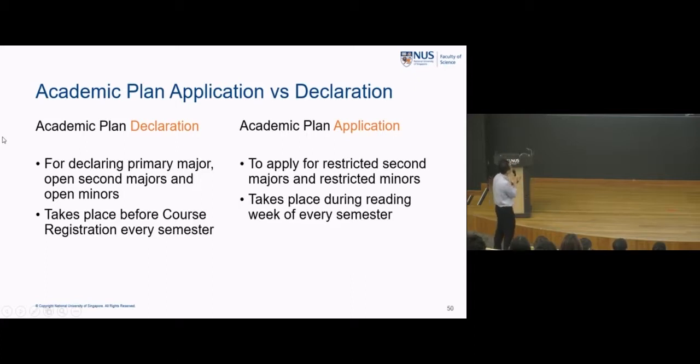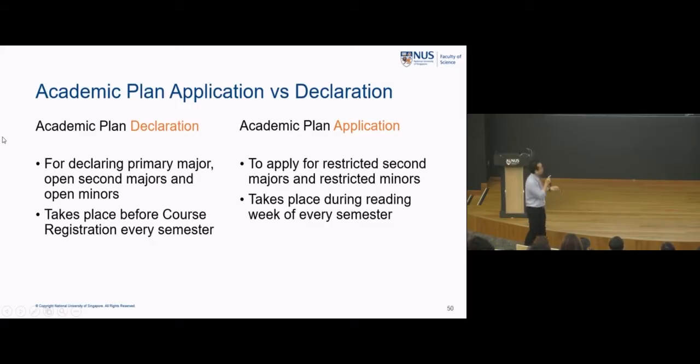And when does this happen? It happens at the beginning of every semester during the course registration period, which I've just shown you the timeline for. As opposed to declaration, the application process happens during the reading week of every semester. Why? Because this is in preparation for admission into these closed programs in the following semester.